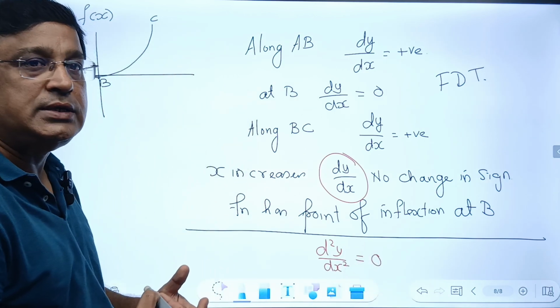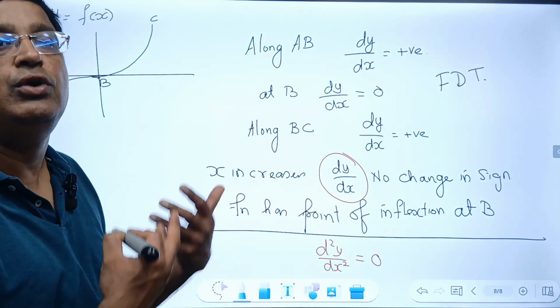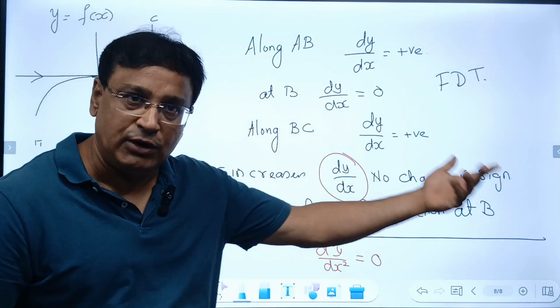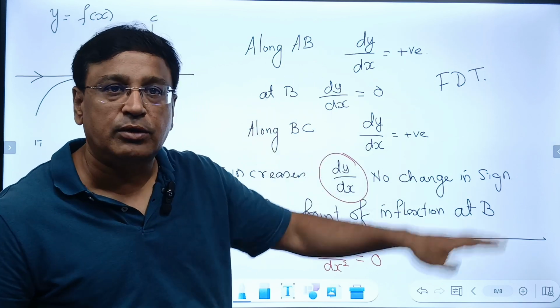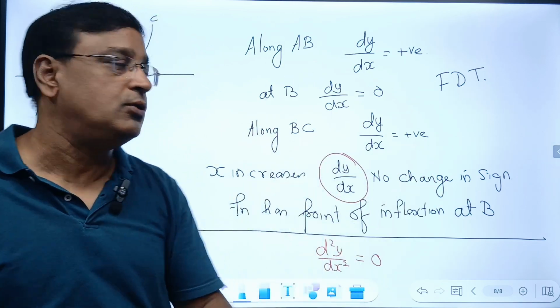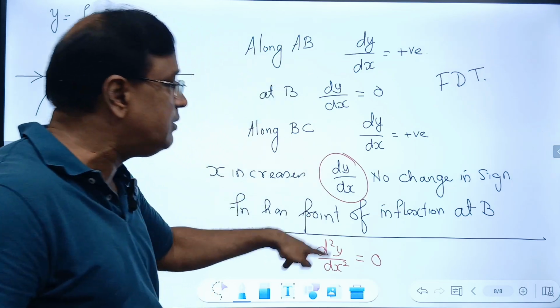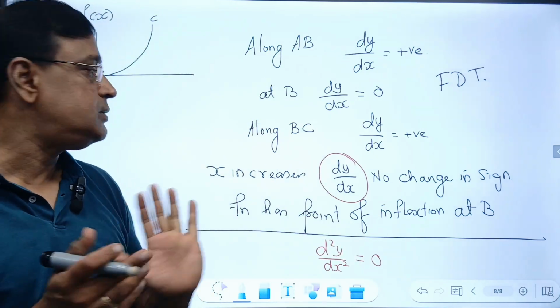Suppose I say the velocity is uniform, then the acceleration is 0 because there is no change in velocity. So no change in velocity means the derivative of velocity will be 0. Similarly, no change in dy by dx, so its derivative will be 0. Interesting, isn't it?